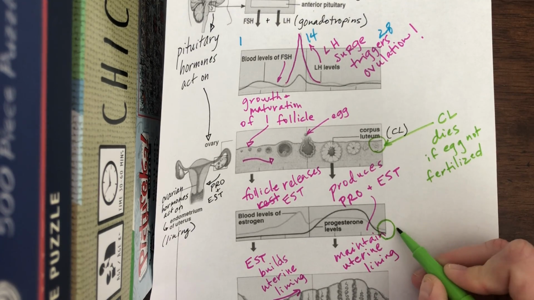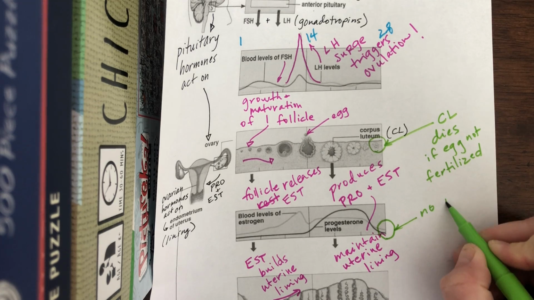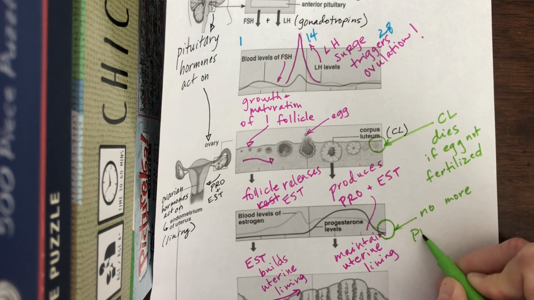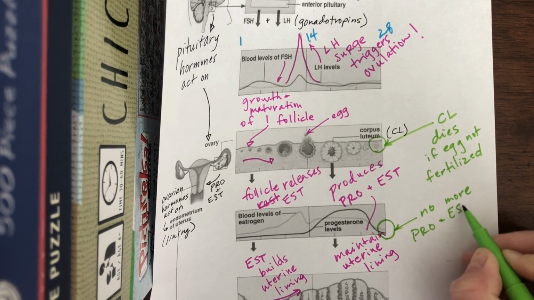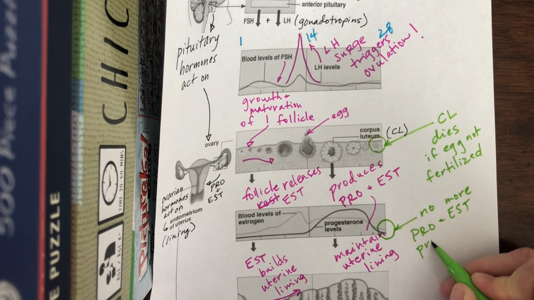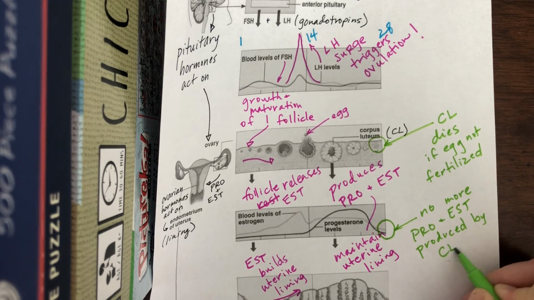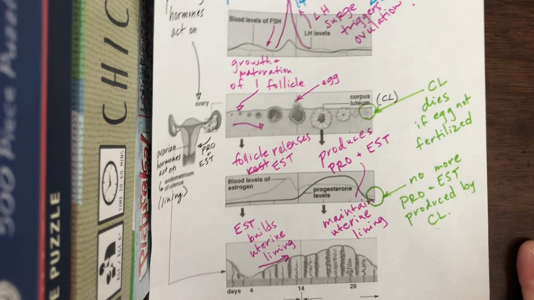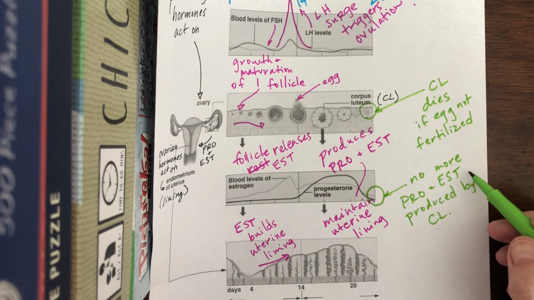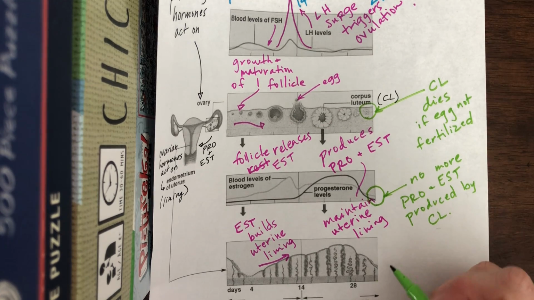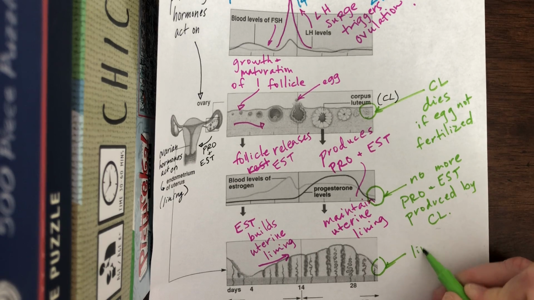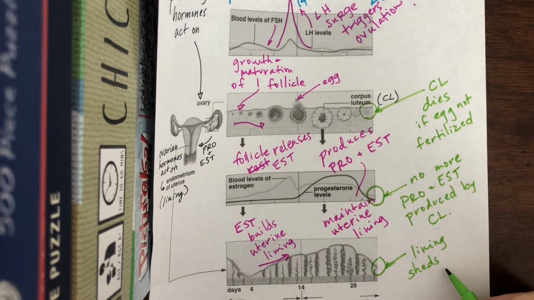You see those levels drop off right there. And then because no more progesterone and estrogen are produced by the corpus luteum, the lining sheds. And this is when menstruation starts.